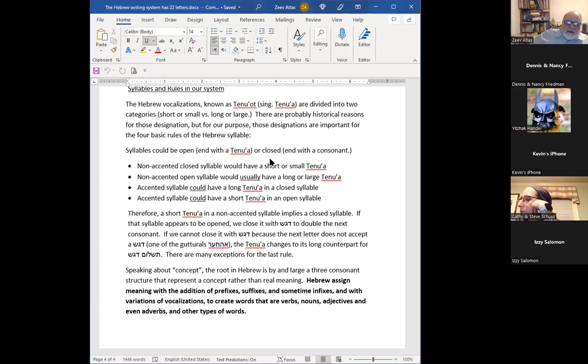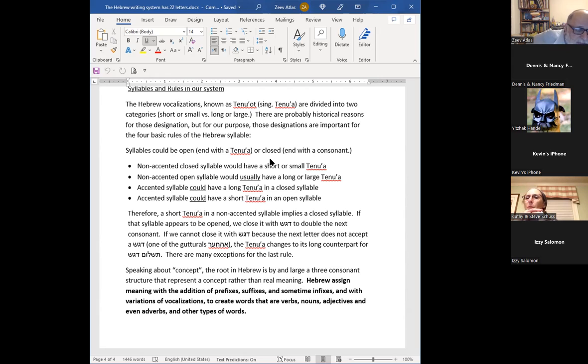Most of the time in Hebrew, it is on the last syllable, shavar. Many times it's on the first syllable, like melech, geshem. So one of the syllables is accented, the rest are not.